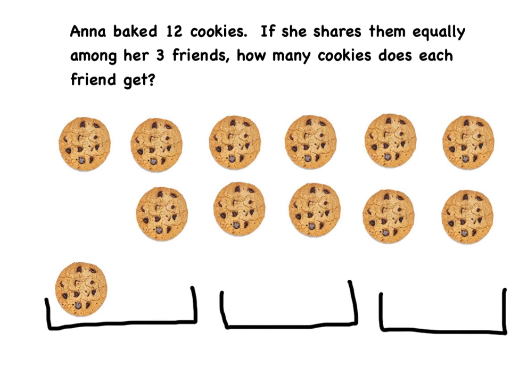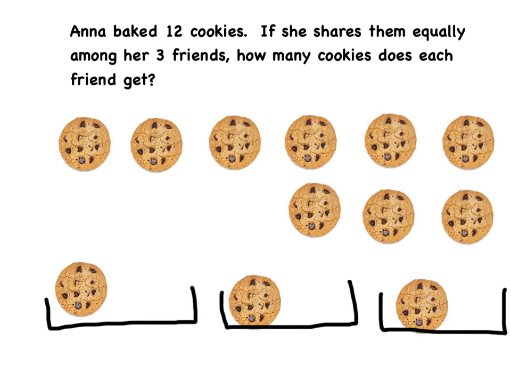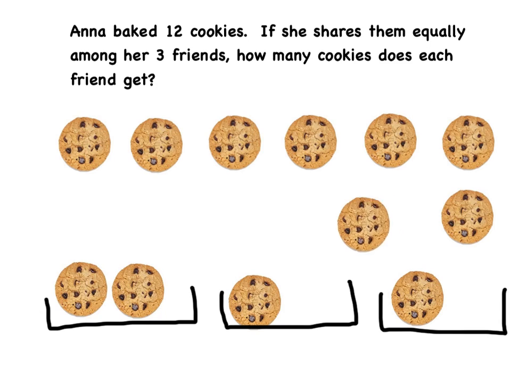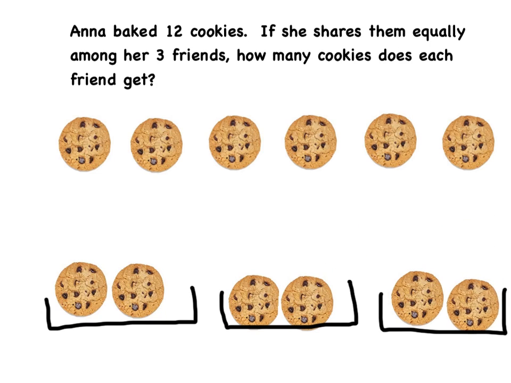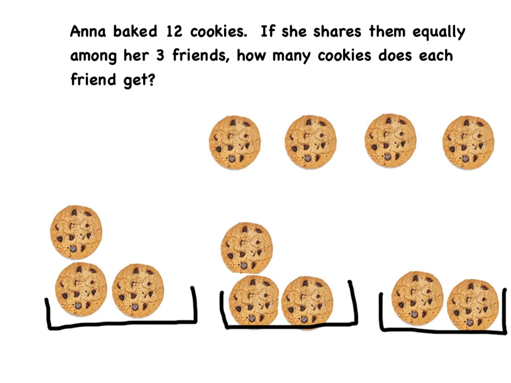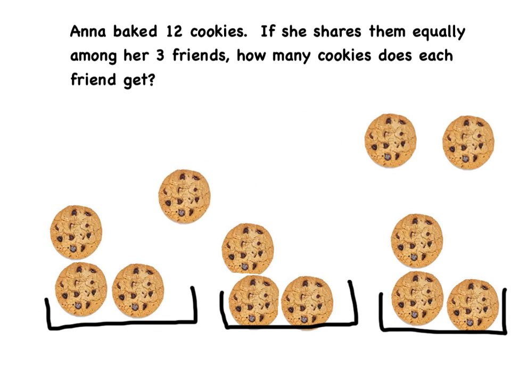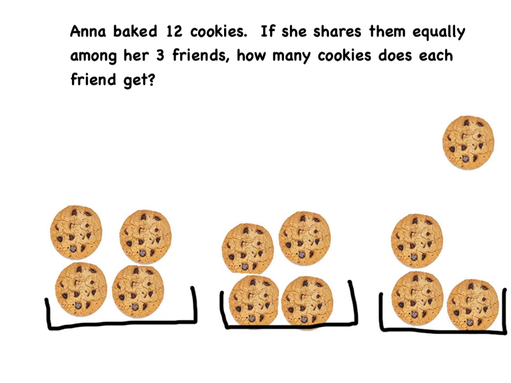So this friend gets a cookie, this friend gets a cookie, this friend gets a cookie. And as you can see, I'm going to continue to share the cookies with each of the friends until all the cookies have been shared. And now we can see that each of her friends gets 4 cookies.